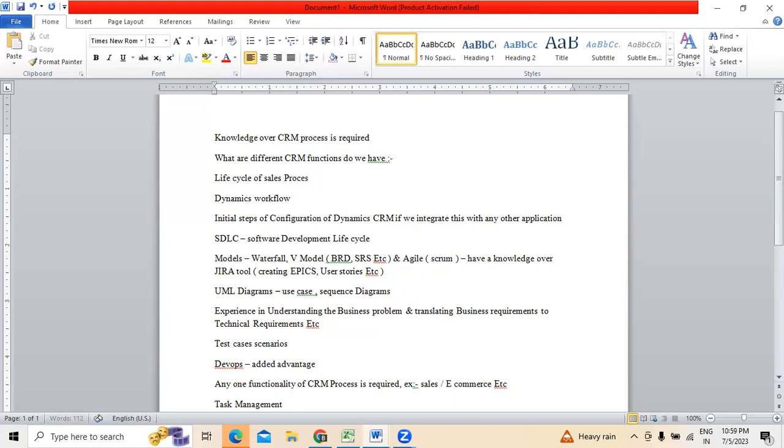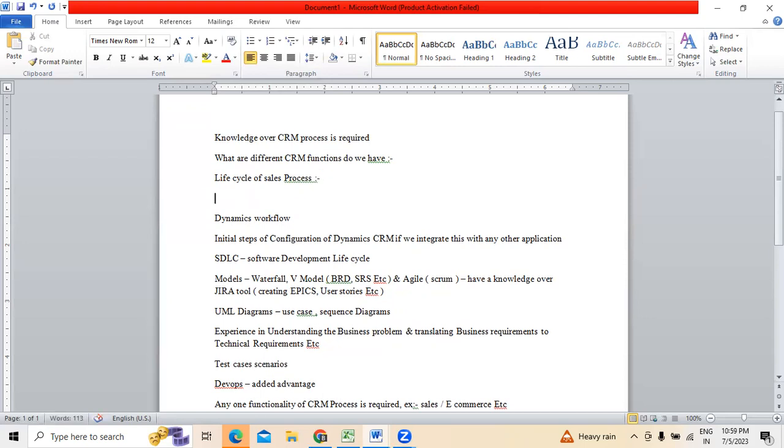The life cycle of the sales process is what you need to know, because it's not only about customer perception, but we also have to know the detailing of the CRM functionalities. That knowledge should be there for a BA.